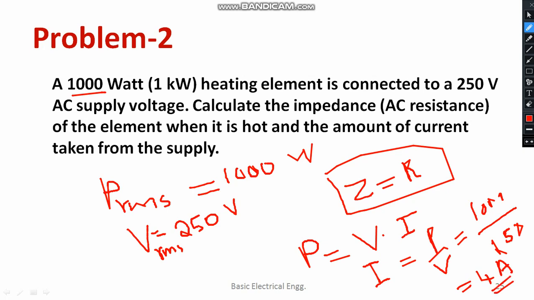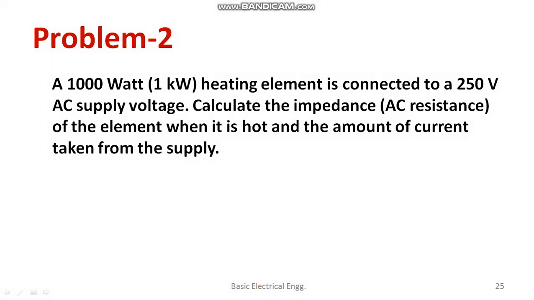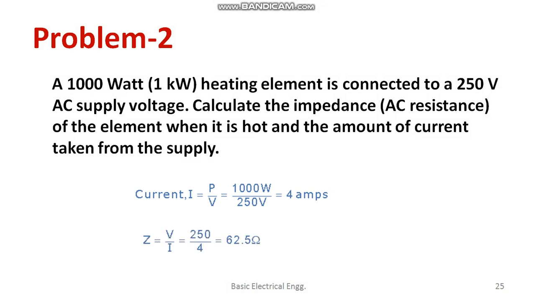Then you need to calculate the resistance. R is equal to V by I, which is 250 divided by 4, so the resistance is equal to 62.5 ohm. These are the values.